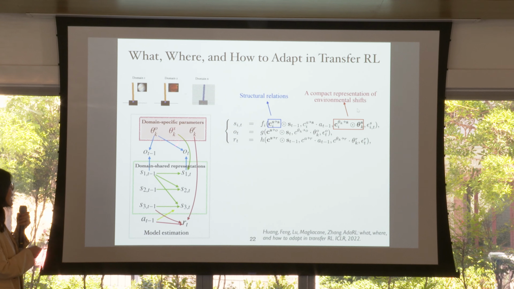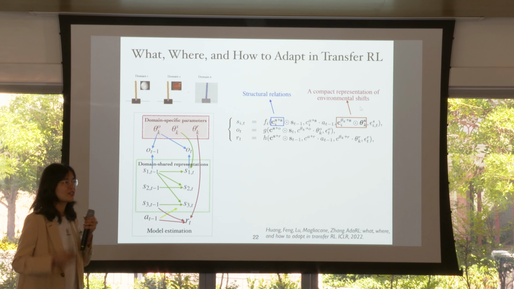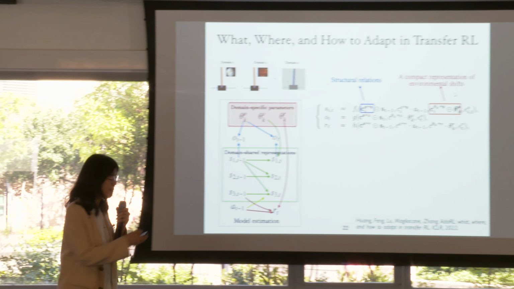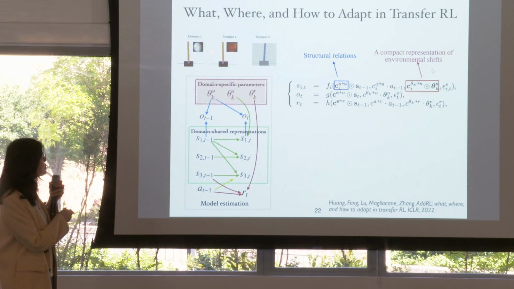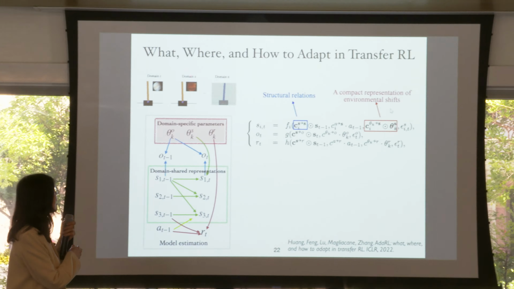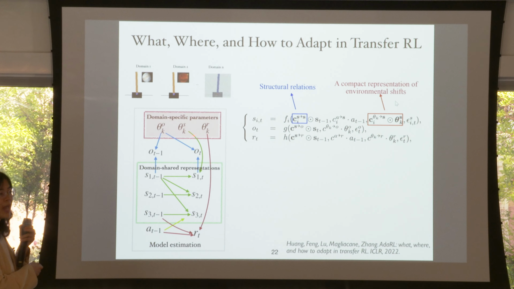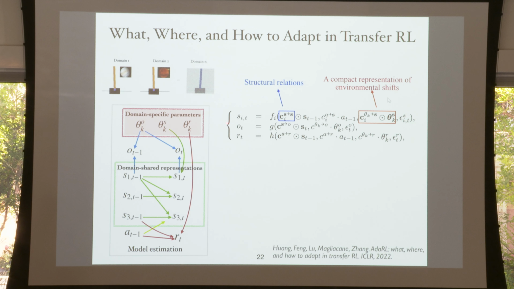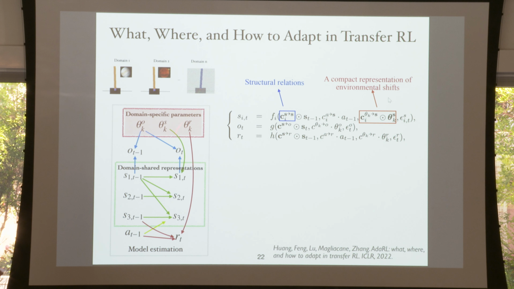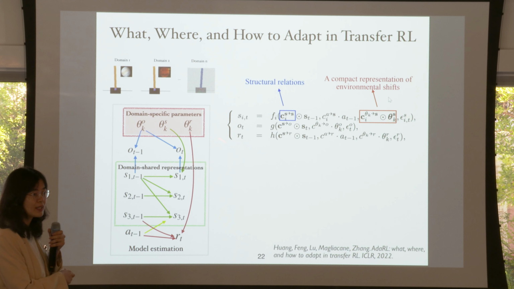We use theta S to represent the changes in the underlying transition dynamics. For example, when transferring the system from Earth to Mars, we have different gravity, which leads to different transition dynamics. And we use theta R to represent the changes in the reward function.